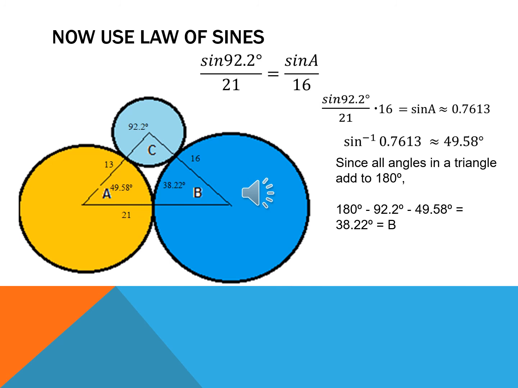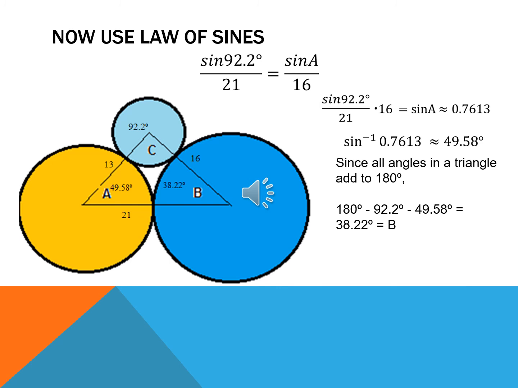So sine of 92.2 degrees divided by 21 would equal sine of A divided by 16. 16 is opposite angle A. If I multiply both sides by 16, I get sine of A would be approximately 0.7613. I want the angle, so inverse sine of 0.7613 is approximately 49.58 degrees.